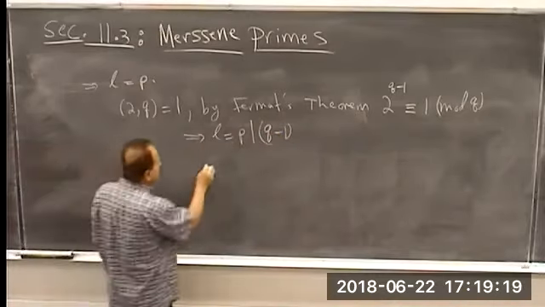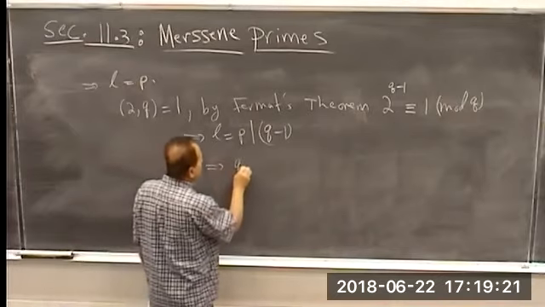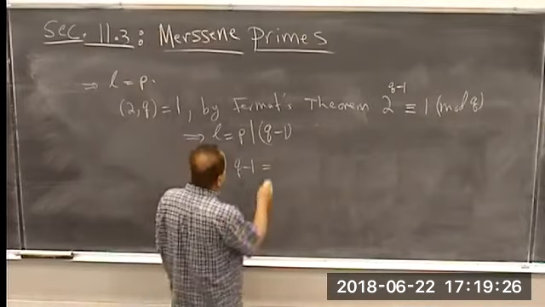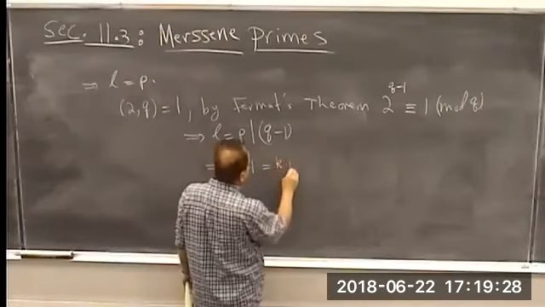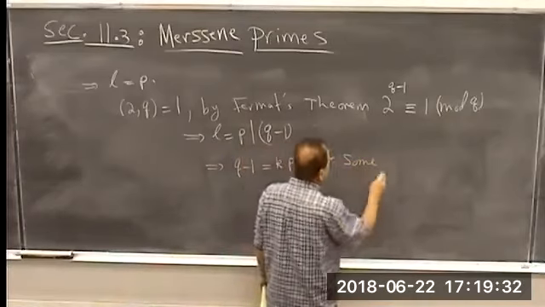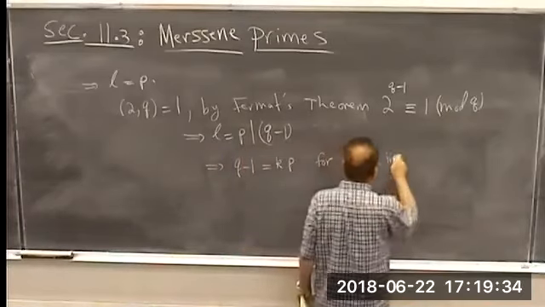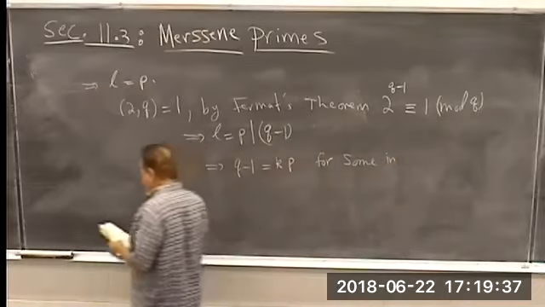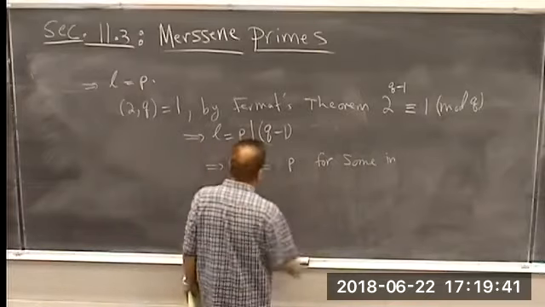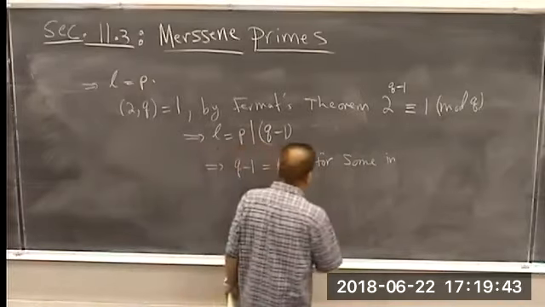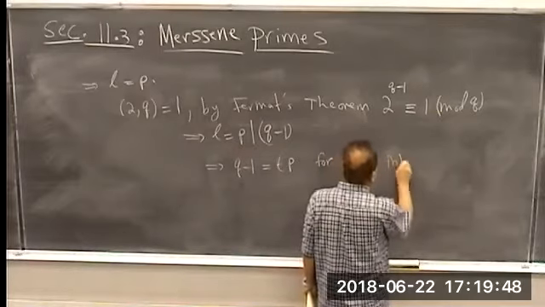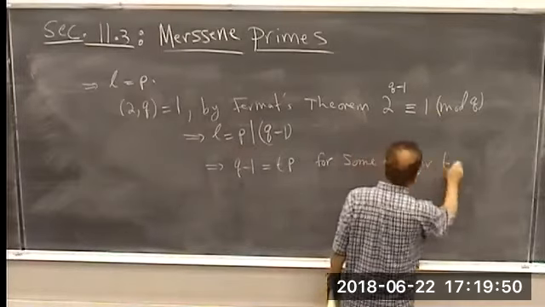And this implies Q minus 1 is equal to TP for some integer T.